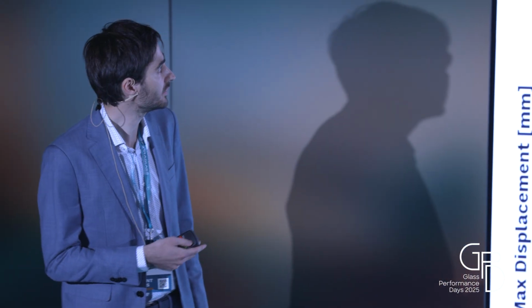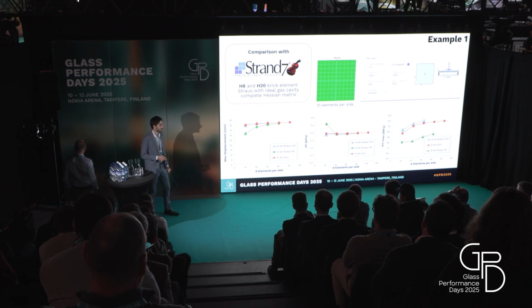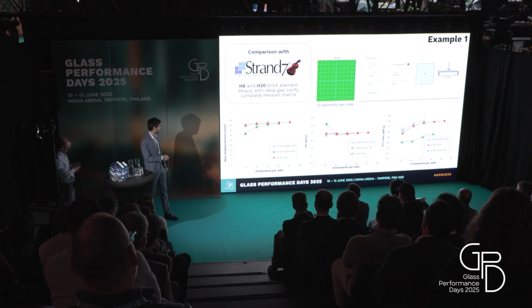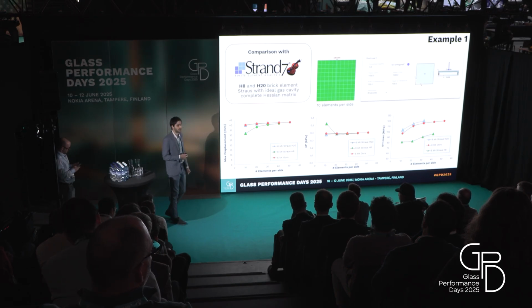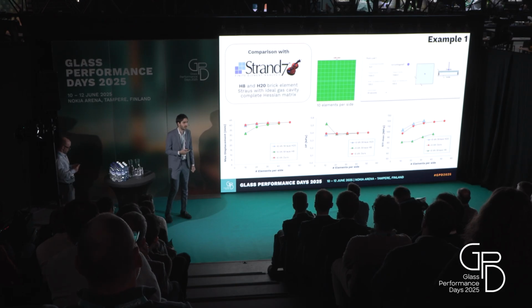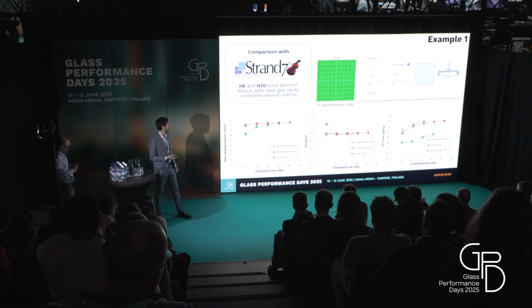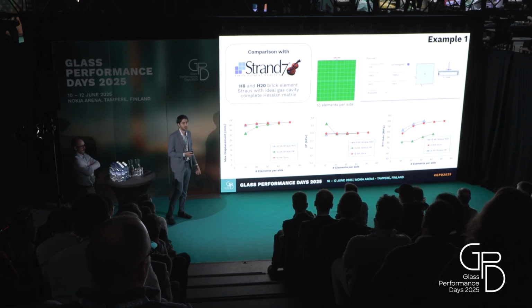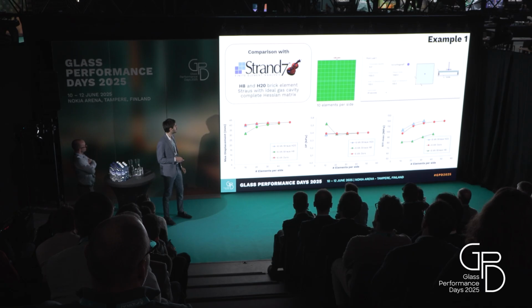We consider the Strand7 with X8 and X20 brick elements, and you see the mesh for 10 elements per side. And here are the results for the maximum displacement with respect to the mesh, the increase of internal pressure of the cavity, and the maximum principal stress. And you see how our code almost matches the results of Strand7.